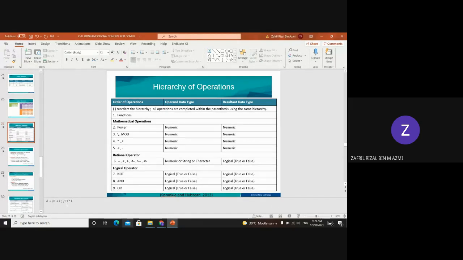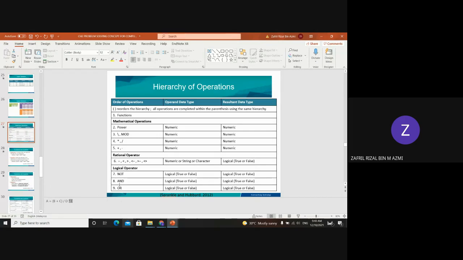The leftmost is division, so we solve the division first. Understand? Yes. We solve the division first, and once we get the result, we do the multiplication with E. That's if we encounter more than one operator in the same hierarchy, we solve the leftmost first.